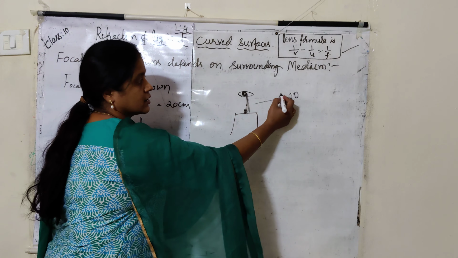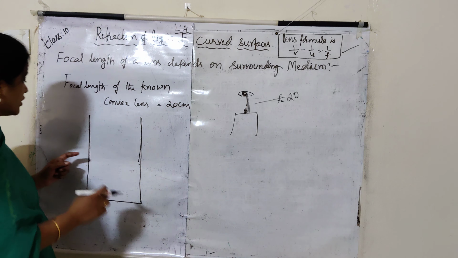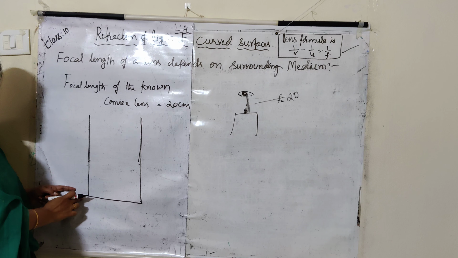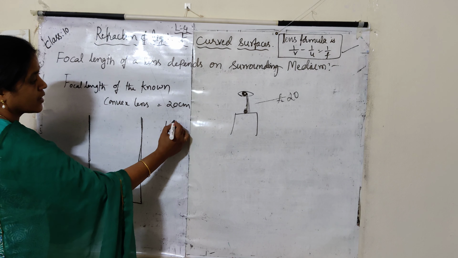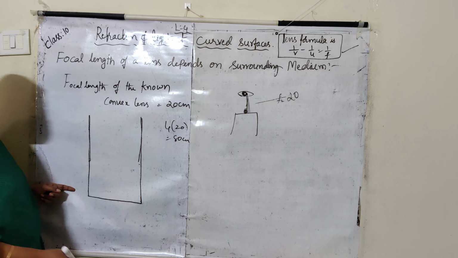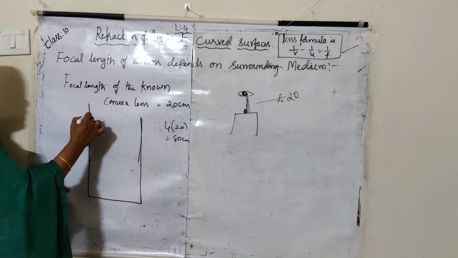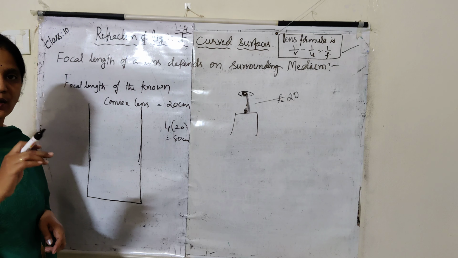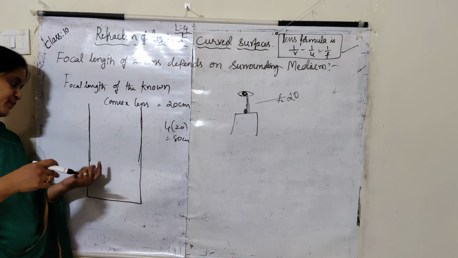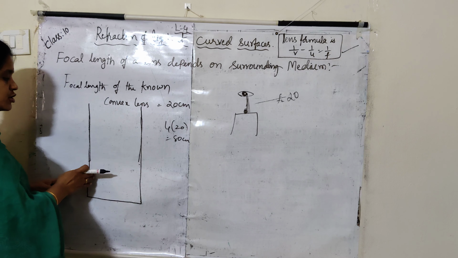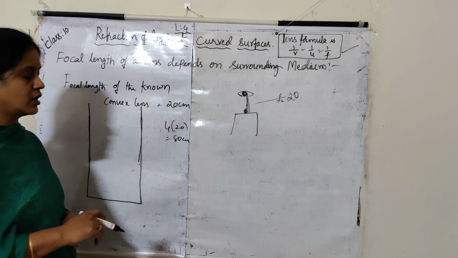Here the focal length is 20, so the height of this beaker should be 4 times this focal length, which means it should be 80 centimeters. Like that you take a vessel or beaker or whatever it may be, but the height should be 4 times the focal length.